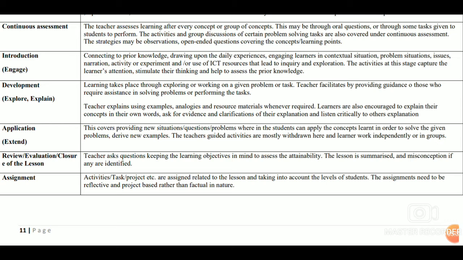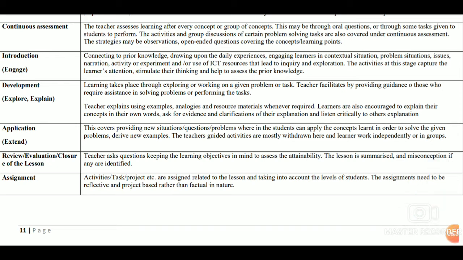Now once that is done, we will move on to the evaluation part, where the teacher will use certain questions or other evaluating tools to understand or to analyze students' learning. So that is the end of the class, and at the end we need to provide a home assignment to the learners, which they will present in the next class.